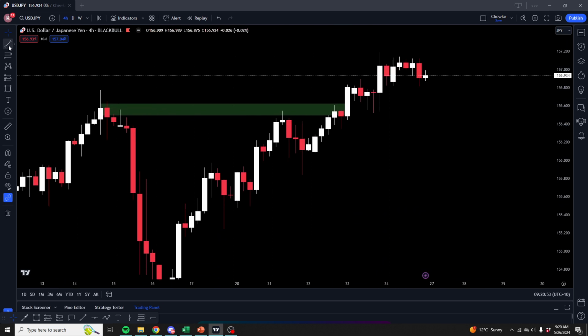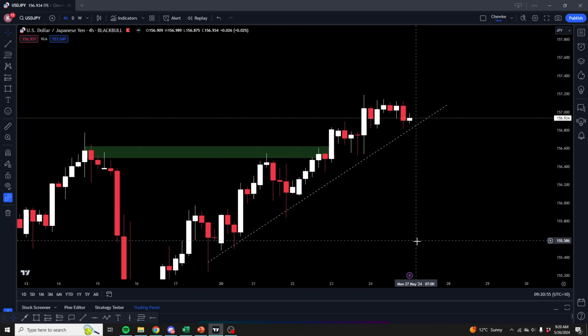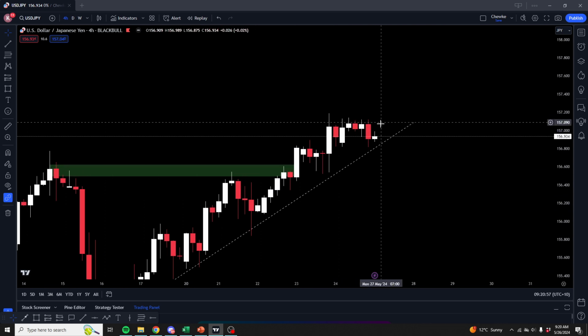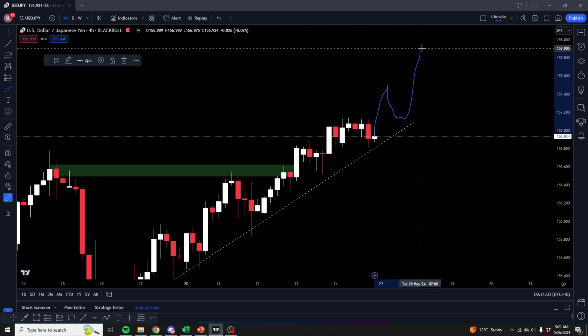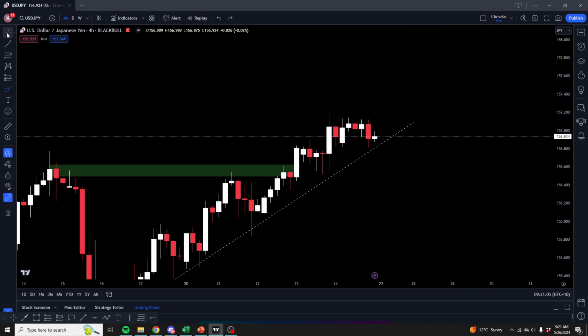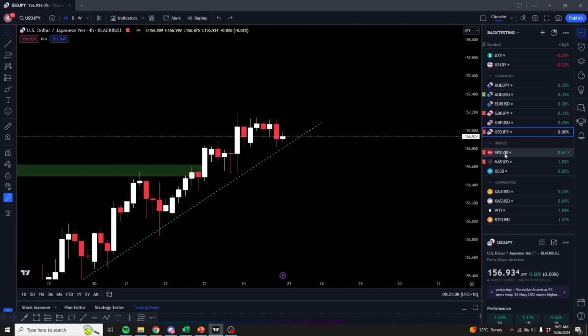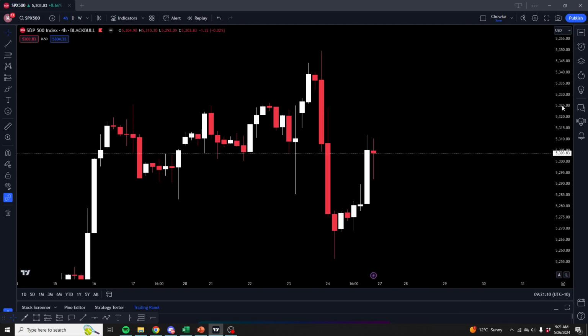Yeah, overall bullish here. No real setup. Maybe we might look for something like this and get an entry here, but no setup right now for UJ. Let's have a look at the indices.